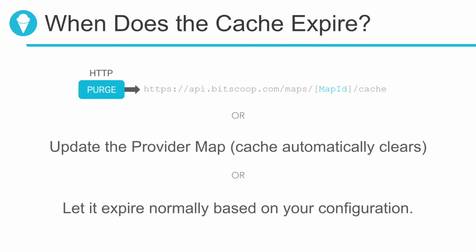All you need to do is send a purge HTTP request to the URL listed here, and remember that map ID is the ID of your particular provider map. Your other option is to update the provider map, although you generally wouldn't do this just to clear the cache; it happens as a result of any update to a provider map. Finally, you can just let the cache expire normally, based on typical caching behavior.